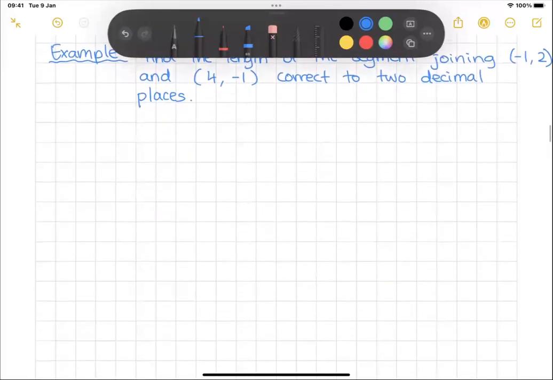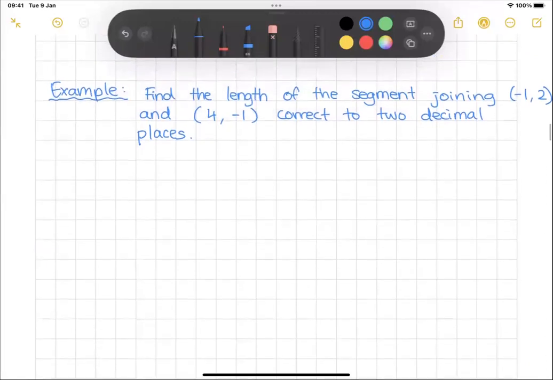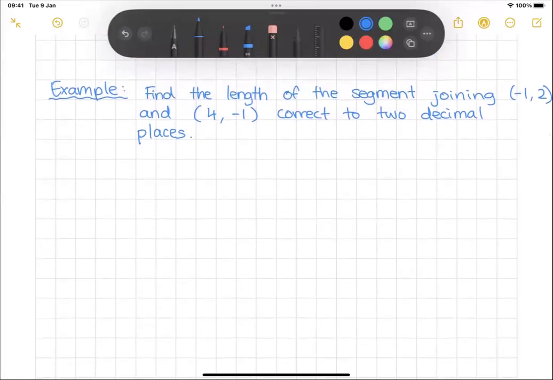All right, let's go quickly into our first example here. Find the length of the segment joining (-1, 2) and (4, -1), correct to 2 decimal places. Let's rewrite our points.